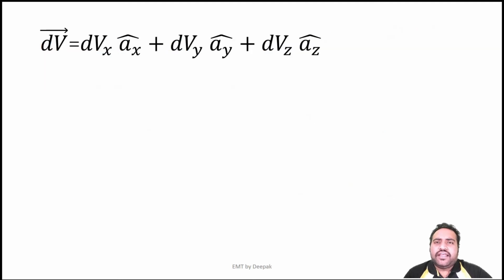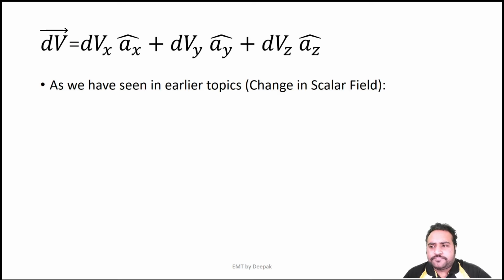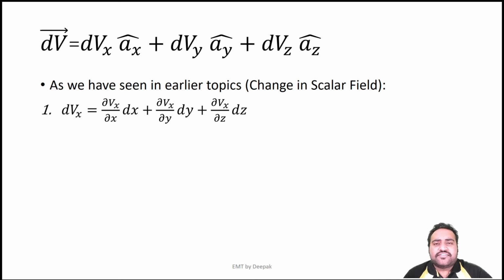I would expand this term here, as we have seen in the earlier topics, that is gradient of the scalar field. dVx can be written as change in the scalar field because of x plus change in the scalar field because of y plus change in the scalar field because of z.